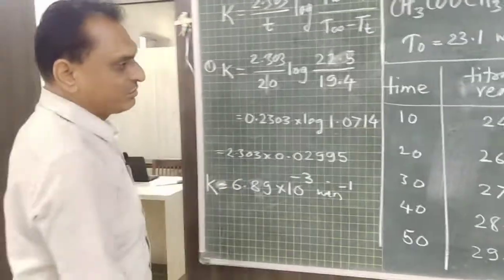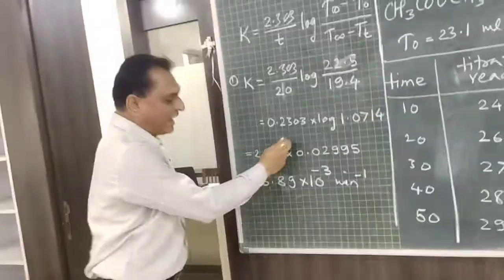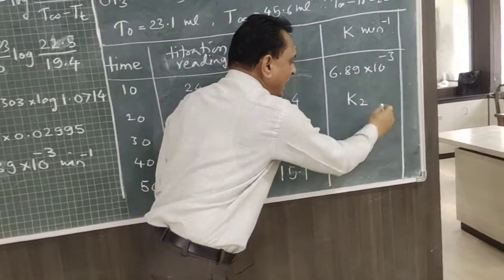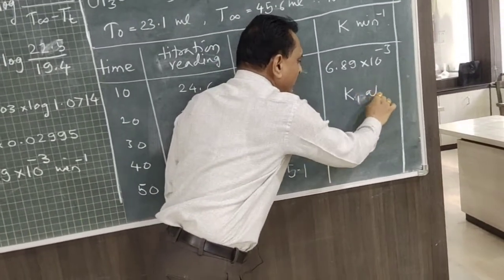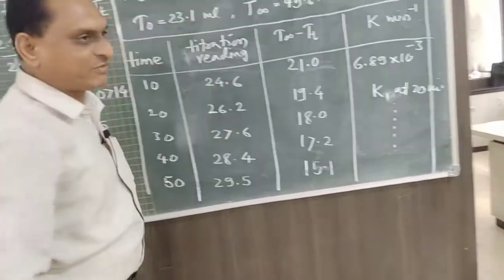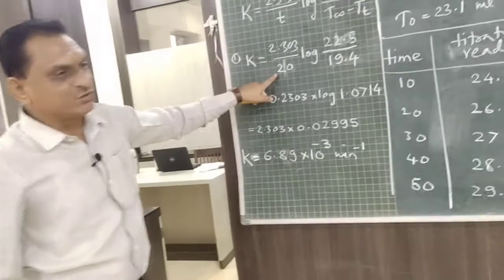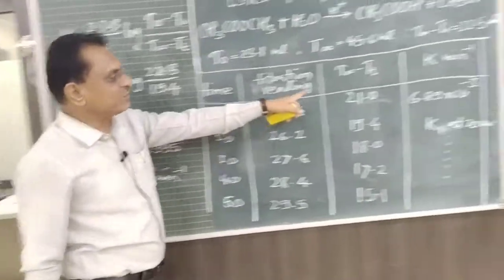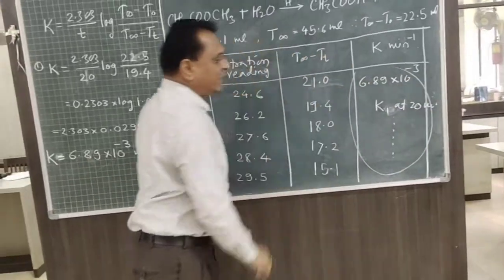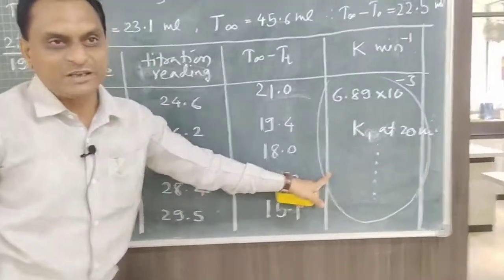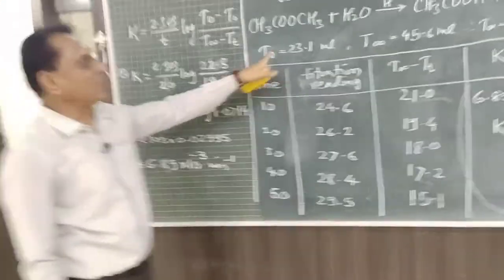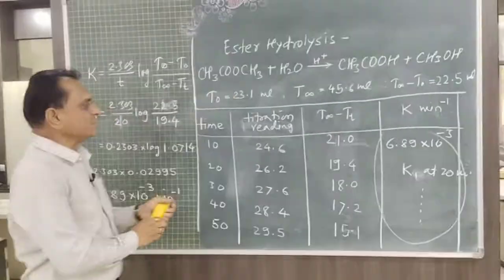In this way we have to go for calculation, and this gives you the value of another K, that is K1 at 20 minutes. So in this way we have to calculate K by putting different values of time and different values of T infinity minus Tt. In this way we have these 5 K values. Take the mean of these 5 K values. This will be the rate constant by calculation for ester hydrolysis.